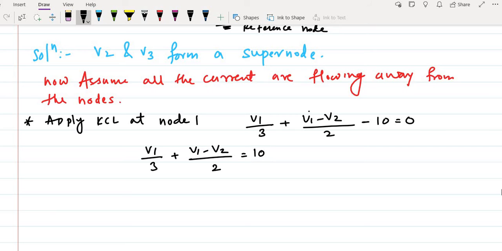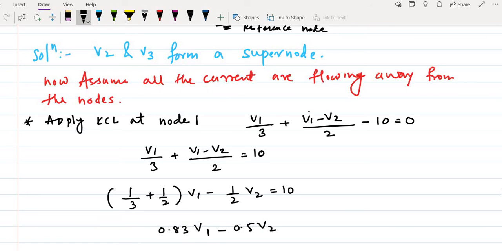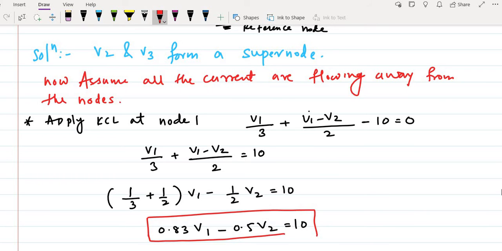Simplify it: (1/3 plus 1/2) V1, taking V1 common, minus 1/2 V2 equals 10, so 0.83 V1 minus 0.5 V2 equals 10. This is our first equation, equation number 1.